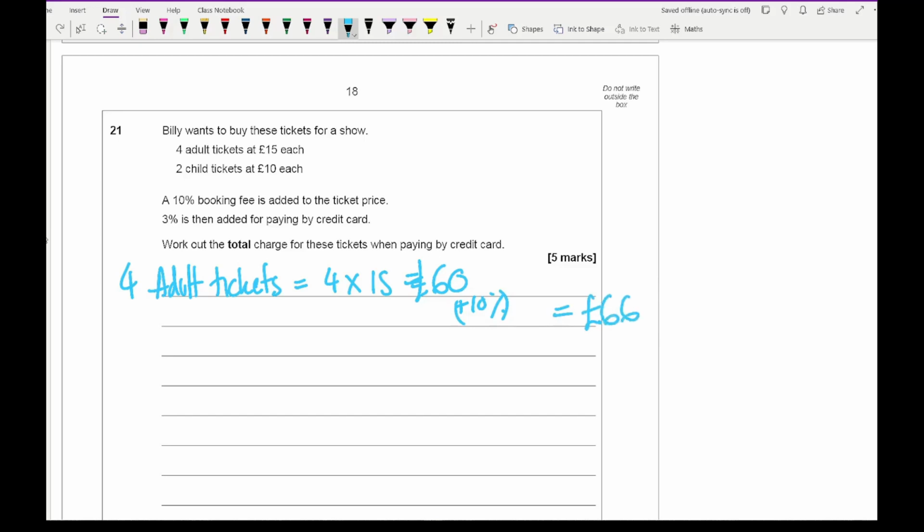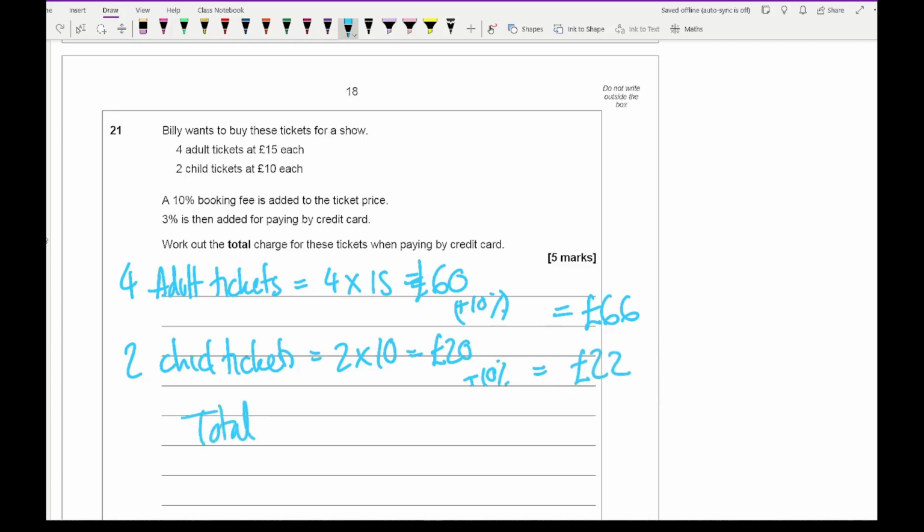Total of 66. 2 child tickets equals 2 times 10, which is 20. Then you want to add 10% to that, so that's £2, so that comes to 22. So the total price is going to be 66 plus 22, which is £88.